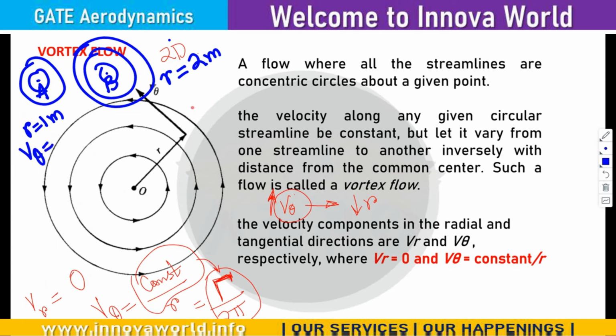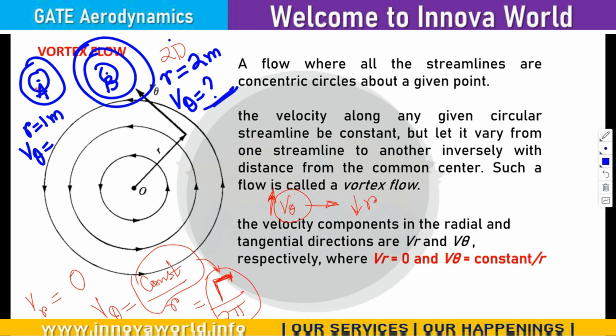Now they might ask you what will be the tangential velocity for the other one. So how can you find it? You have to consider the strength, or the constant term, which is constant for both. Using that you can find out the unknown factor.